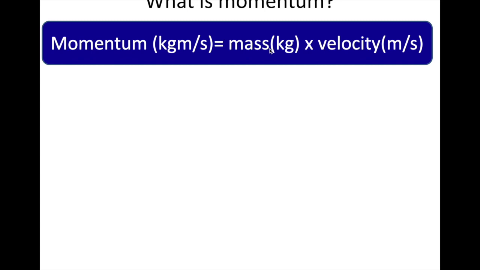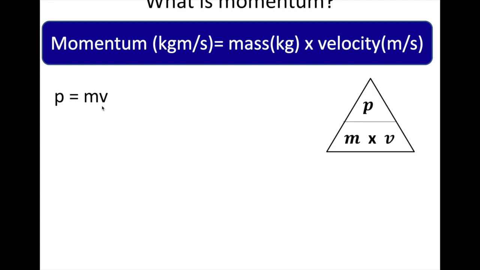And because mass must be in kilograms, velocity is in meters per second, that makes the unit of momentum kilogram meter per second. In your exam paper and in your equation sheet, you will see momentum also written as p, standing for momentum, is mass times velocity, and that's the equation that I'm going to be writing because it's much quicker.